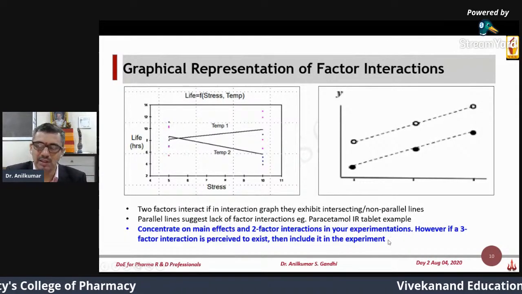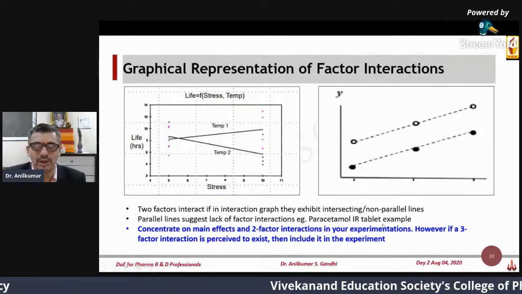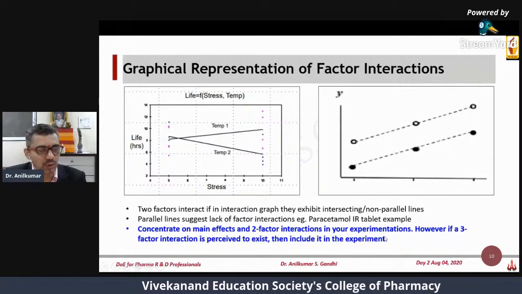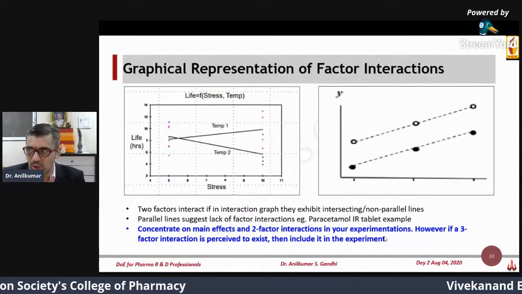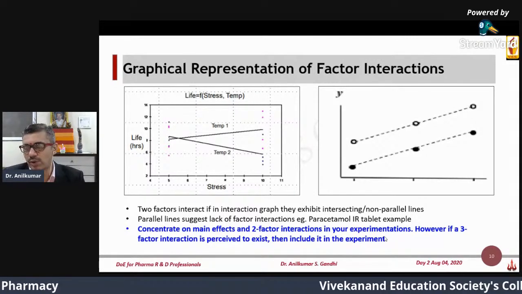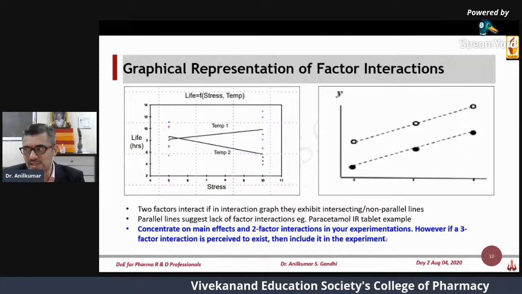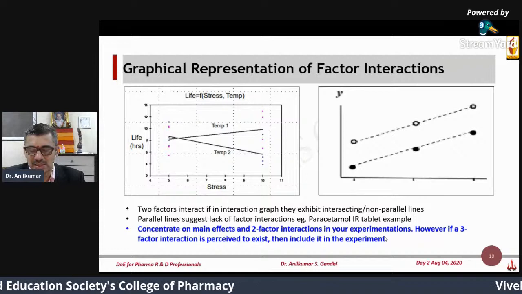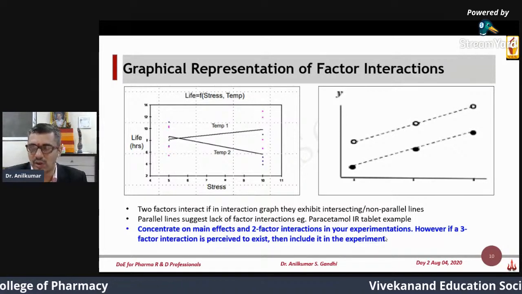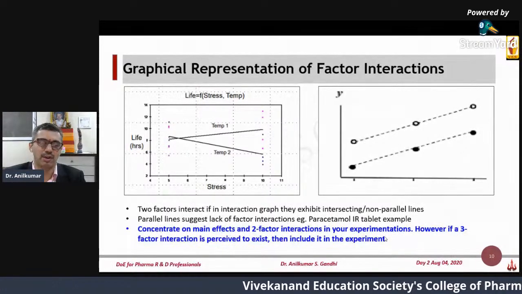Unless you really think these factors are likely to interact, like if you're working on controlled release formulations where you are using two polymers for controlling the release and also a binder for granulation. In such cases, it is possible that all three would interact.